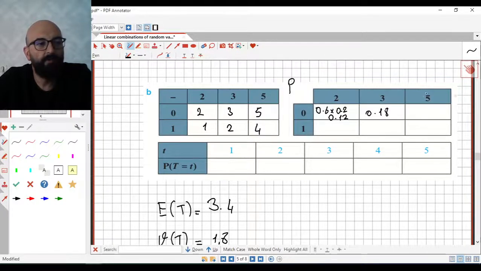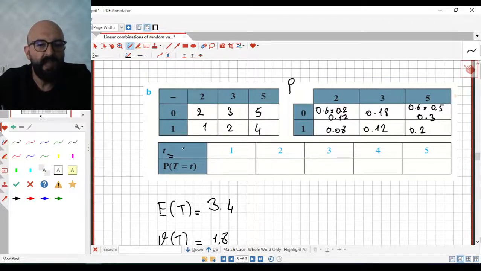The probability of 5 and 0, the probability of 5, 0.6, the probability of 0, 0.5. It means 0.3. And the probability of 2 and 1, 0.08. The probability of 3 and 1, 0.12. And the probability of 5 and 1, 0.2.